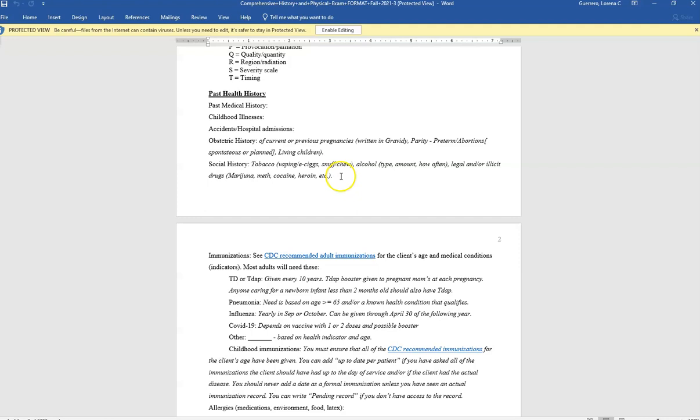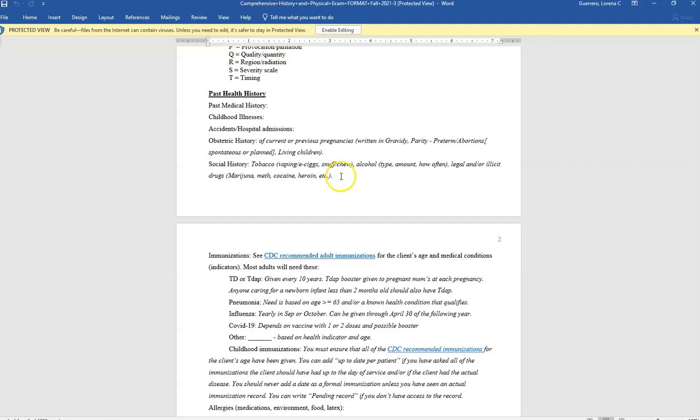Okay, the obstetric history, you're going to write this out in what we call gravity, the number of times that woman has been pregnant. And I'm going to say in today's world, that person could be potentially showing as a male, but they are female.